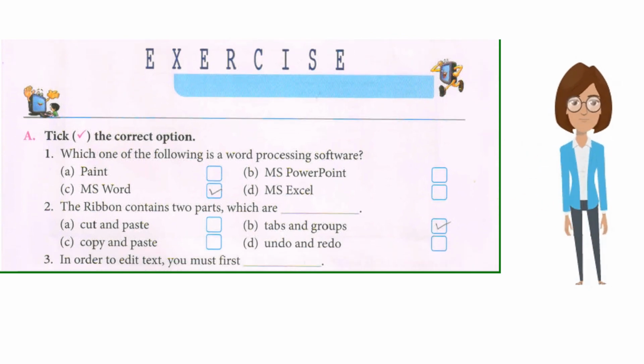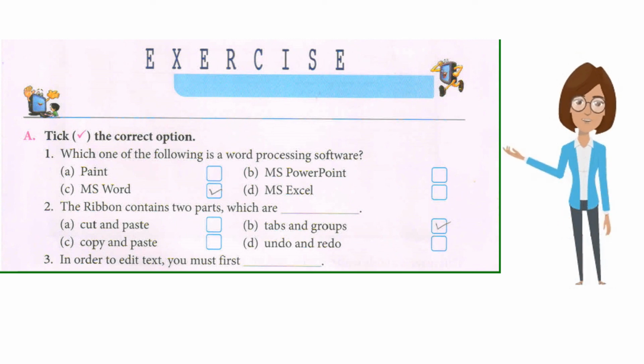Exercise A. Tick the correct option. 1. Which one of the following is a word processing software? MS Word is correct. 2. The ribbon contains two parts which are dash.